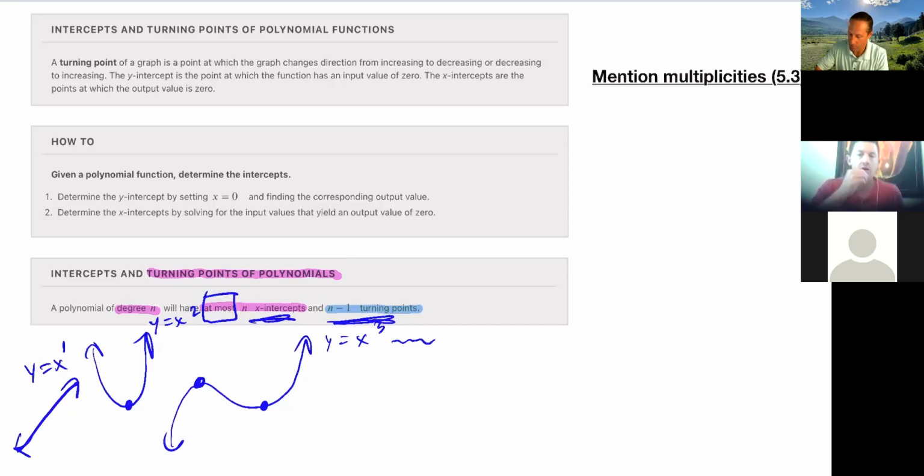Now, one more thing I want to make sure I mention are these things called multiplicities. Have you guys heard of those before? If I was to give you this graph, does everybody know what that looks like? How about now?